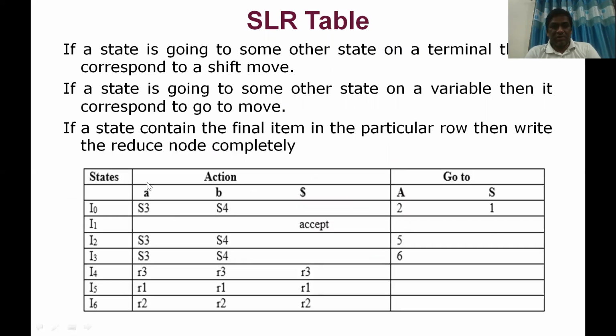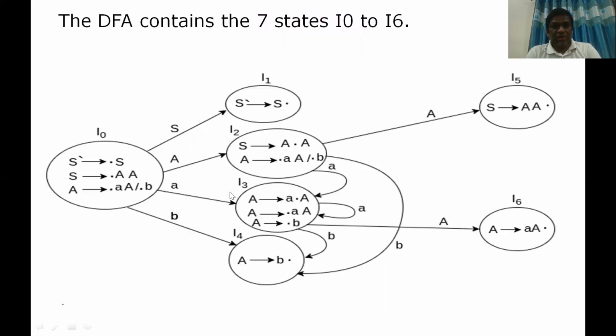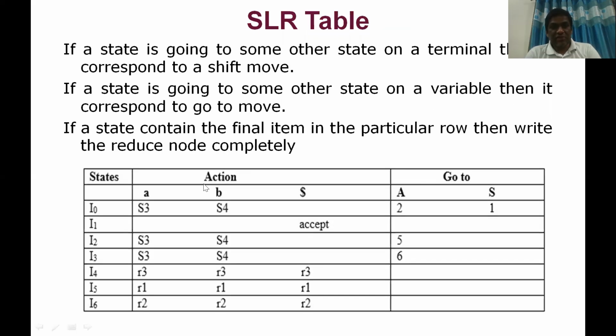This is the parse table, which consists of two parts. One is the action part and the other one is the goto part. If you observe, the action part contains the terminals. What are the terminals in our grammar? Small a and small b are the terminals, and a special terminal, dollar, is always used to indicate the end of the input string.